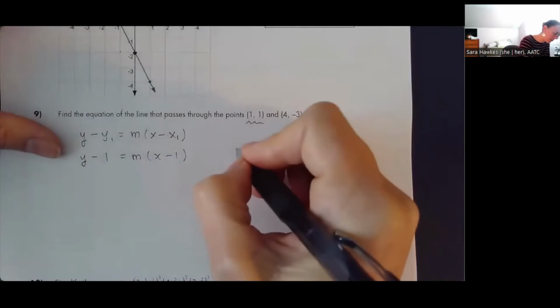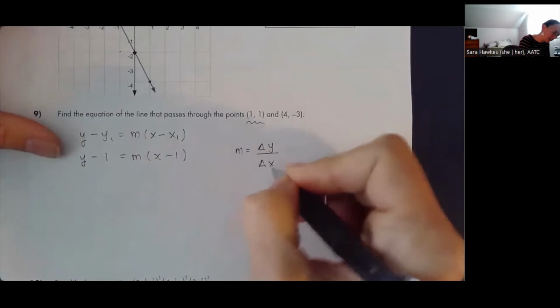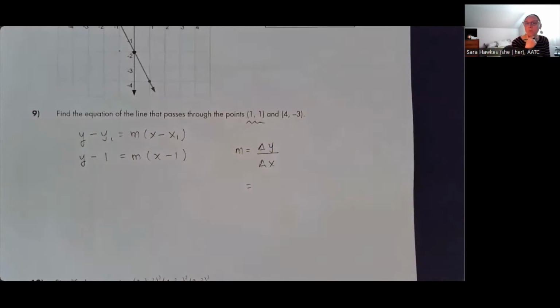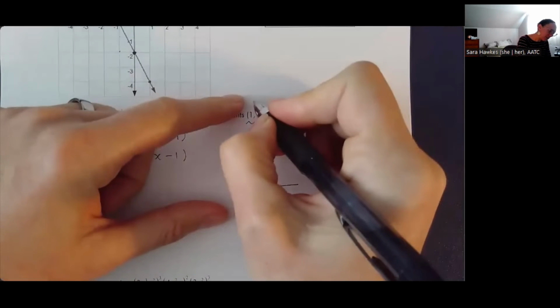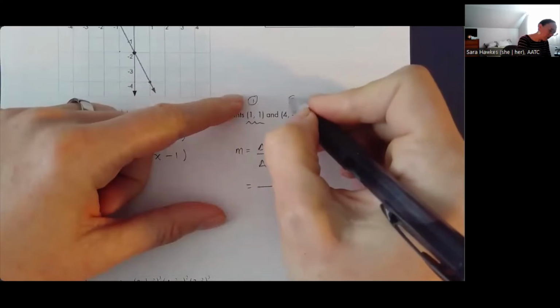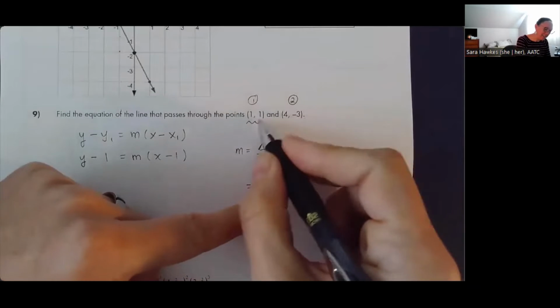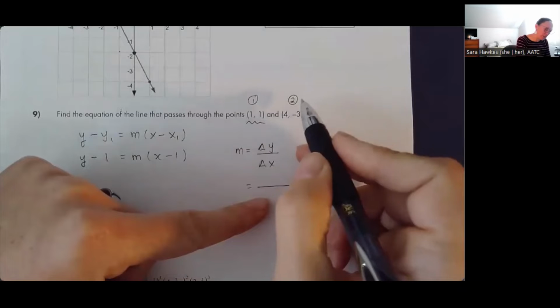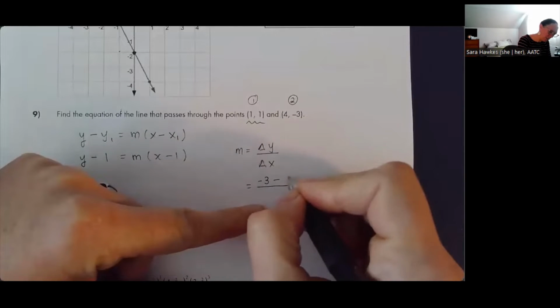Thinking about our slope, again, that's going to be our change in y over the change in x. It doesn't matter what order you put the points in, but you have to keep them in the same order for the top and the bottom. What I mean by that is, if I call this sort of point 1 and point 2, then on the top, I can take the difference in the y values as 0.2 minus 0.1, or -3 minus 1.